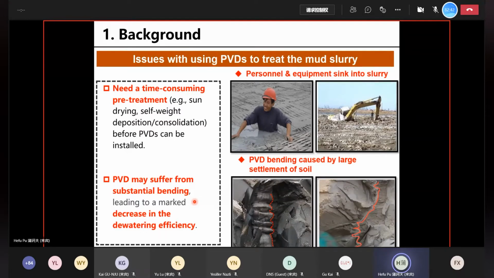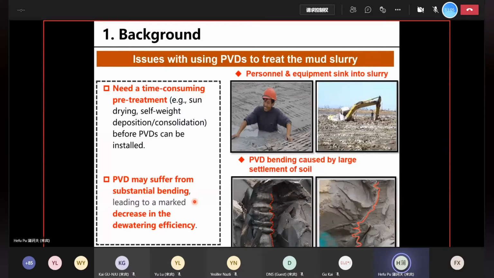The first issue is that, as I mentioned earlier, the mud slurry has very high water content. That means it has very low bearing capacity. So, in the very beginning, the personnel and the equipment cannot access the construction site. They may even sink into the slurry.